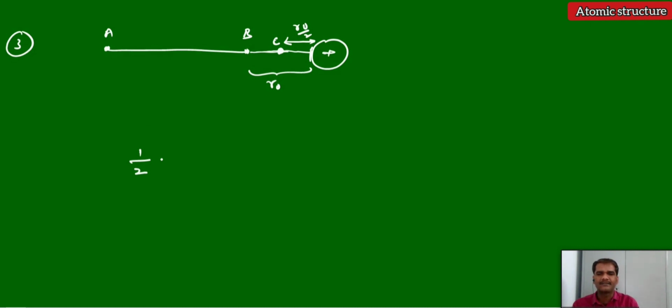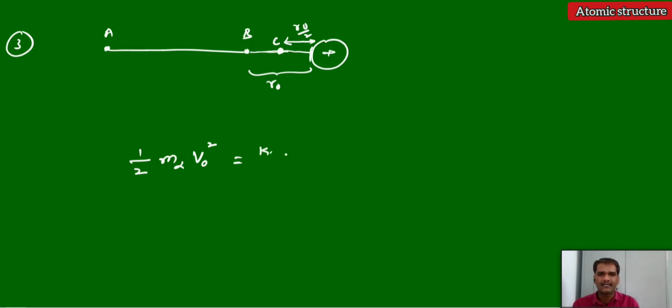Only kinetic energy, half M alpha V naught square. At point C, the velocity of the alpha particle is 0. Why? Because this is the distance of closest approach; beyond that it cannot move. Here only potential energy exists, no kinetic energy. Kinetic energy is equal to 0.